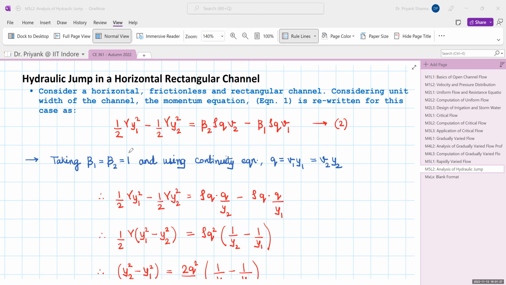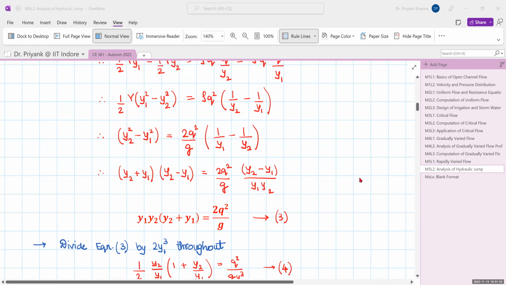Now let us consider the momentum correction coefficient equal to 1, and apply the continuity equation. On subsequent substitution and rearrangement, you come down to this equation: y1 y2 into y2 plus y1 equals 2q square by g. These are simple mathematical substitutions.